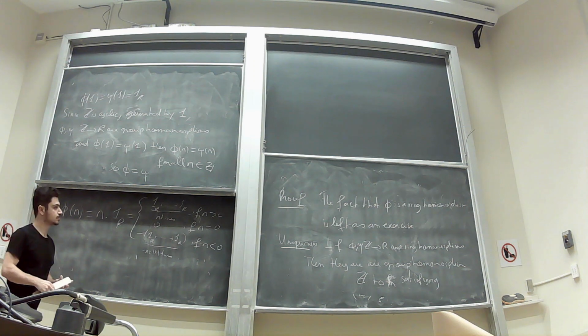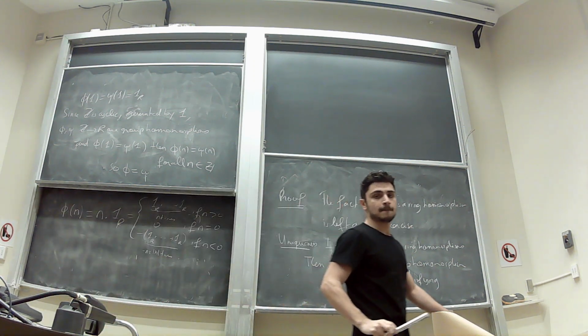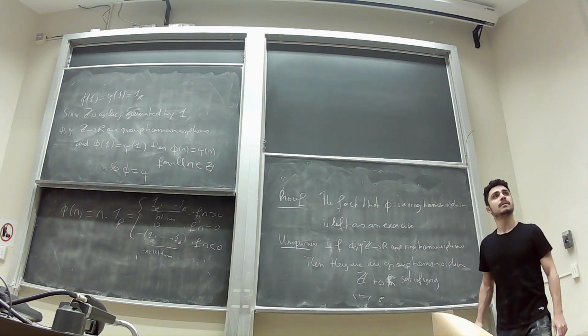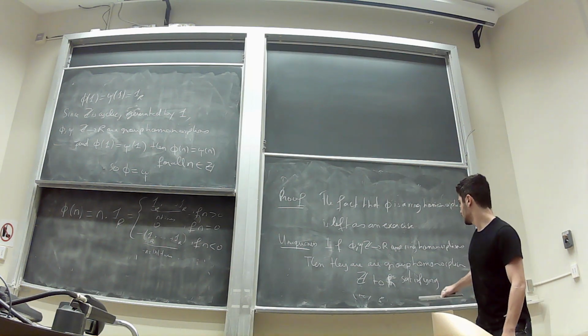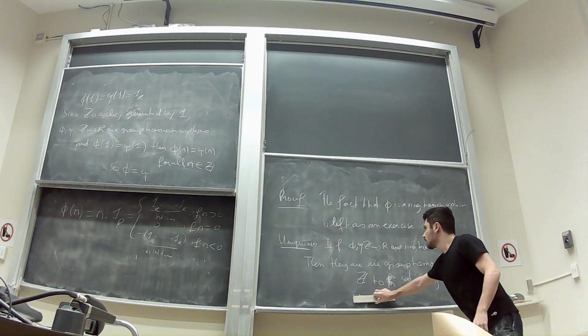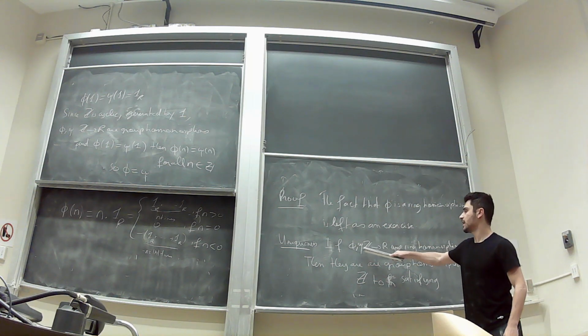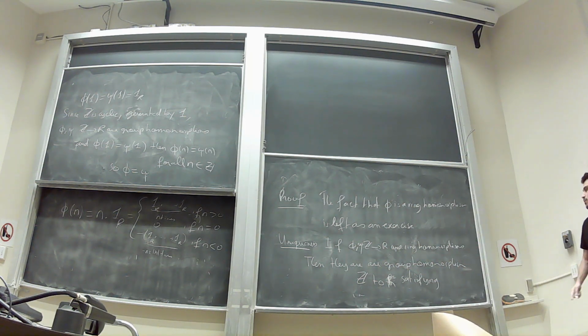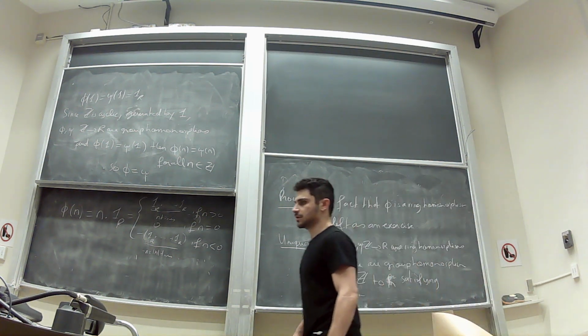Great. Are we good? Yes, sir. Can you explain the notation phi? If phi and psi are ring homomorphisms, then they are group homomorphisms from Z to R. So I'm proving that you have a unique homomorphism.